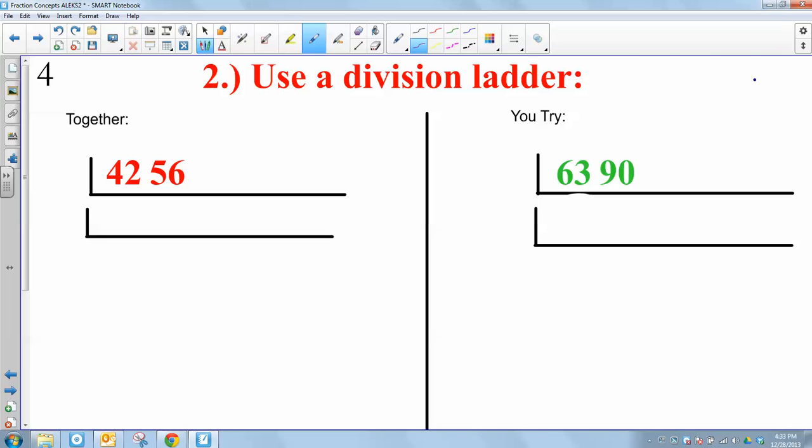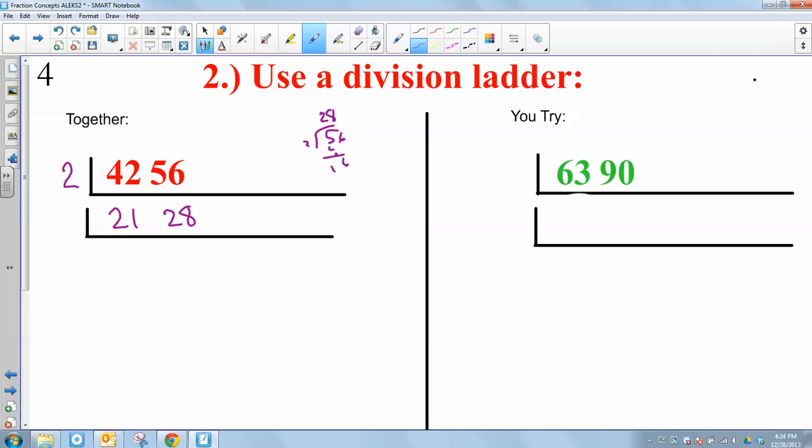They're both even numbers, so let's say 2. 42 divided by 2 gives me 21. 56 divided by 2 gives me 28.